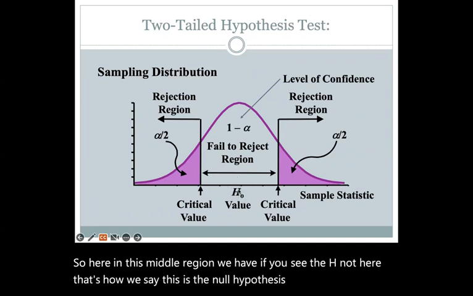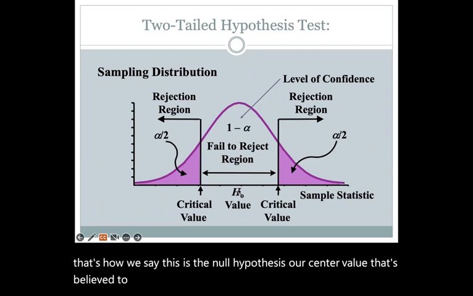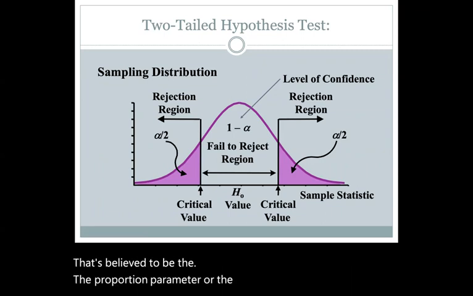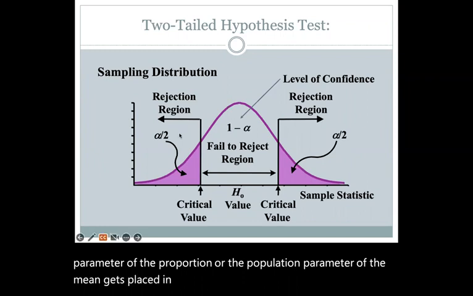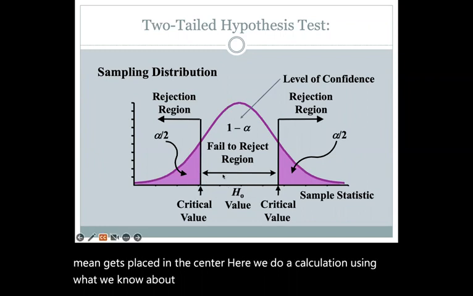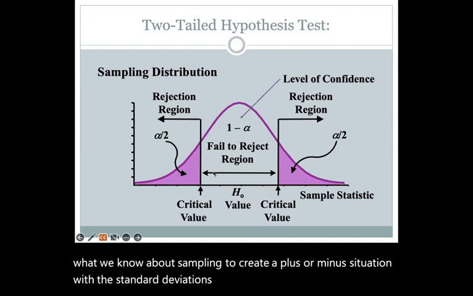That's our center value. That's believed to be the proportion parameter or the mean, right? So the population parameter of the proportion or the population parameter of the mean gets placed in the center here. We do a calculation using what we know about sampling to create a plus or minus situation with the standard deviations. And that gives us this region.